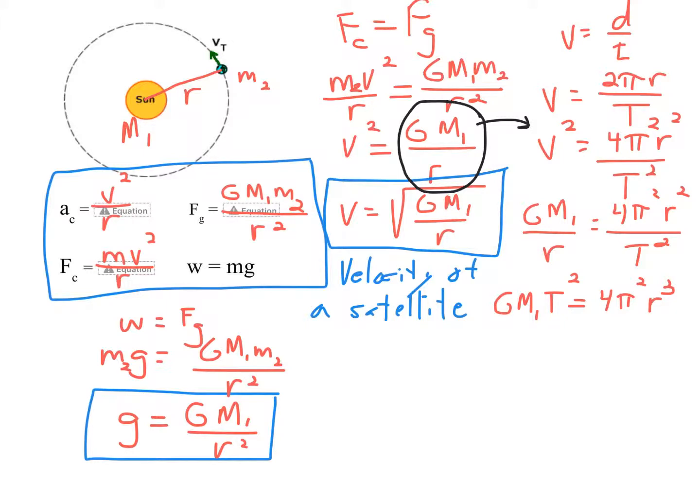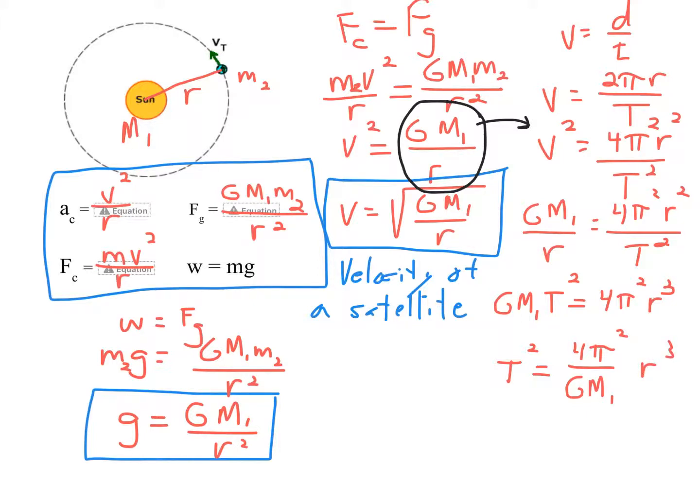Then I divide both sides by G m1, getting T squared by itself. So I end up with T squared equals 4 pi squared, which is a constant, divided by capital G m sub 1, times r cubed.